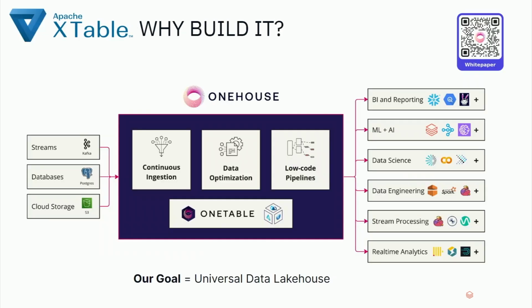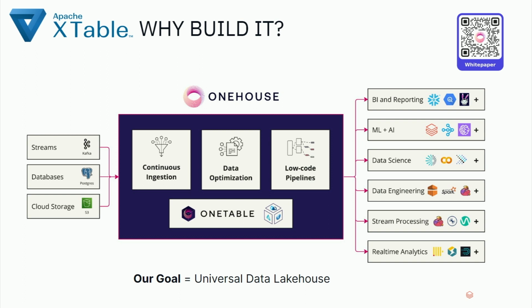From our perspective at OneHouse, we're building a platform to decouple all query engines from how you build lakehouses and the foundation of your lakehouse, and do rapid streaming ingestion from various sources like databases, event streams, or even cloud storage. We write these into Apache Hudi tables, Delta Lake tables, and Apache Iceberg tables, do advanced optimizations and even low-code ETL pipelines, and synchronize these to all the catalogs.